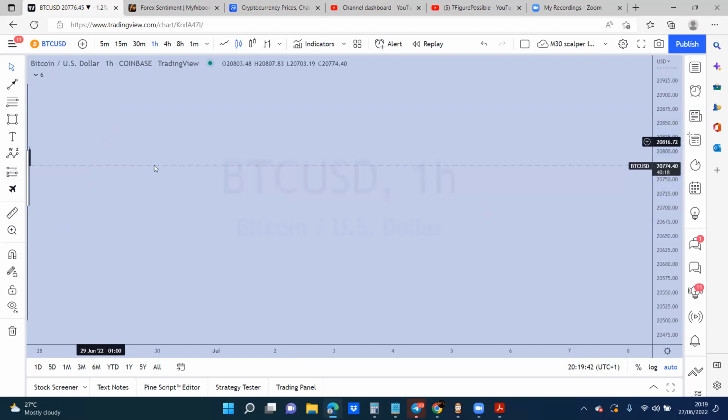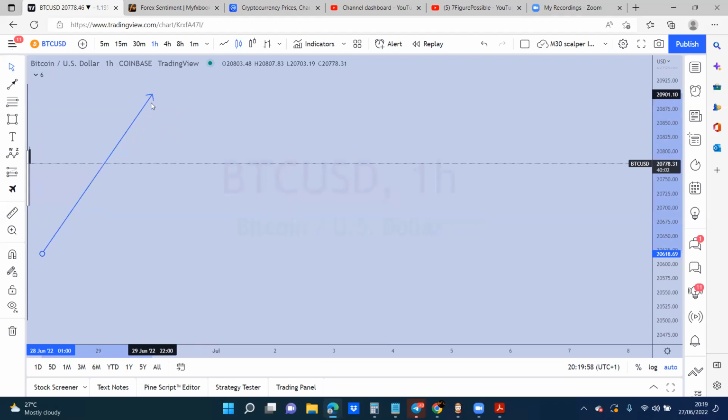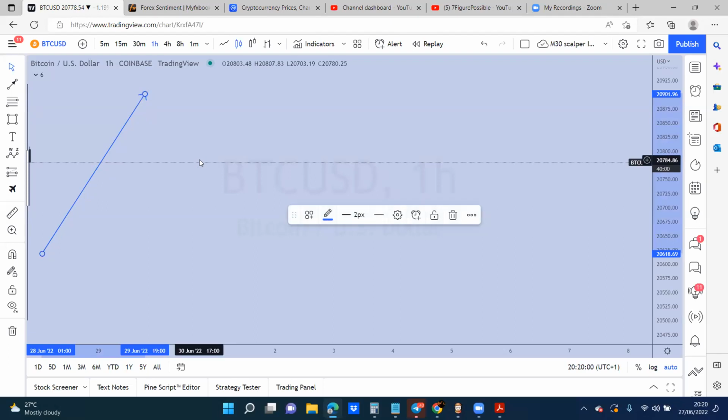Right, so let's look at the first scenario where price is moving vigorously to the upside. When price is moving vigorously to the upside, we say that the market is bullish, right? Or we say the market is long, or we say the market is trending up, right? So when price is moving vigorously to the upside, remember, I'm not talking about 1 candle here. Neither am I talking about 3 candles.